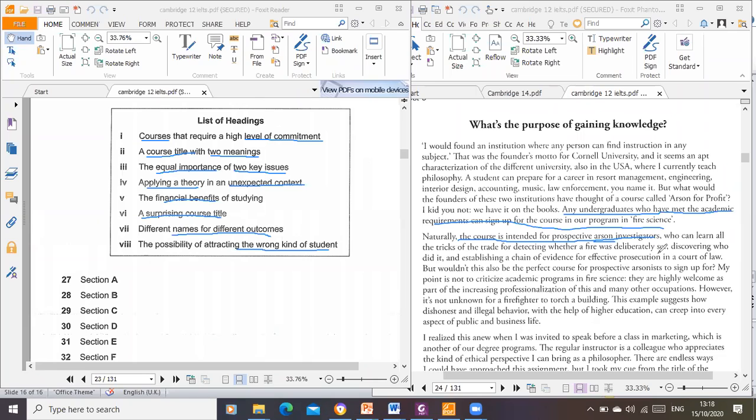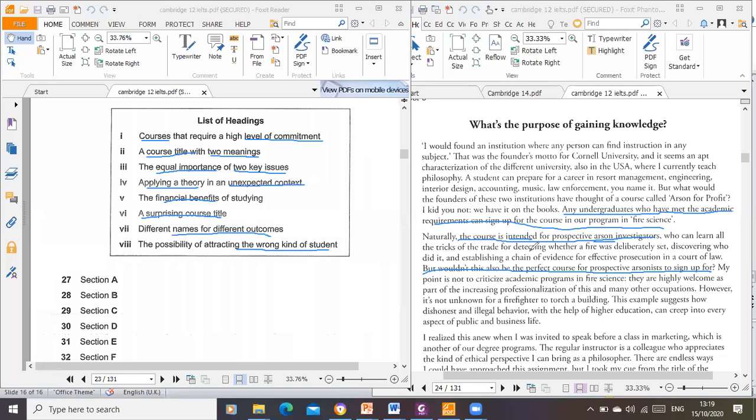So now, but wouldn't this also be a perfect course for prospective arsonists to sign up for? Now, I don't know what this means, but I'm thinking they are intended for people who can investigate, detecting fire, whether it was deliberately set.